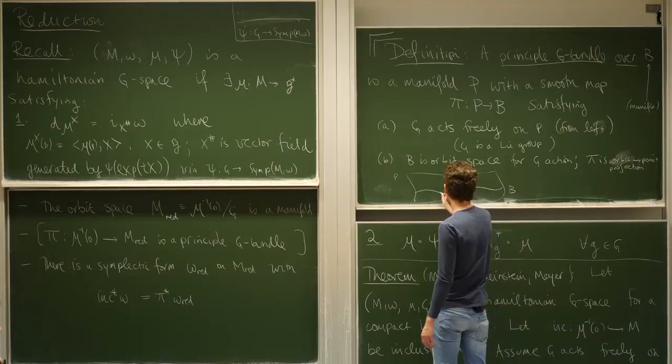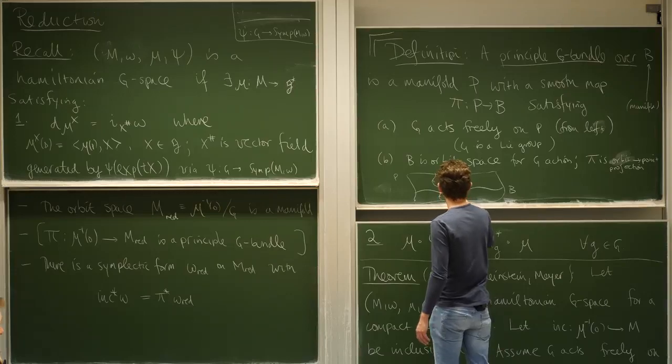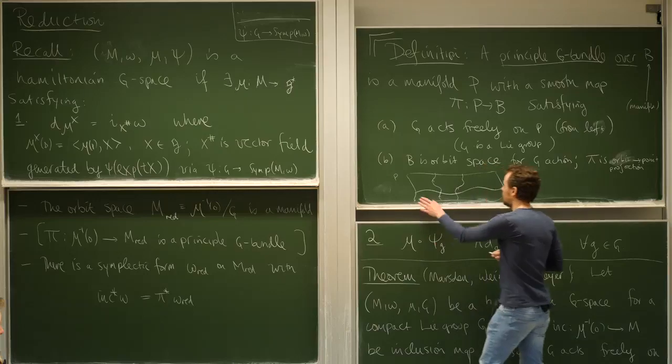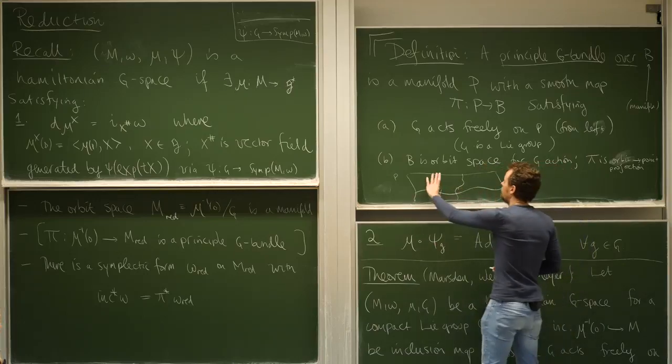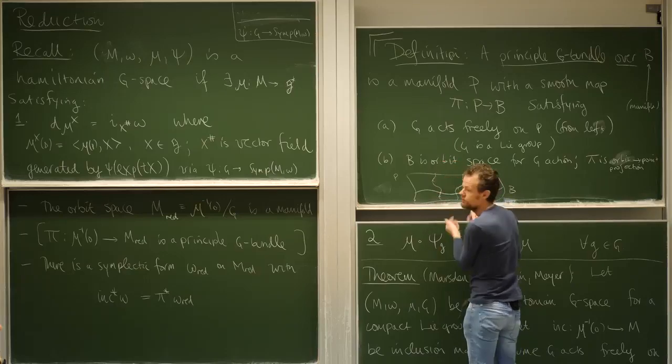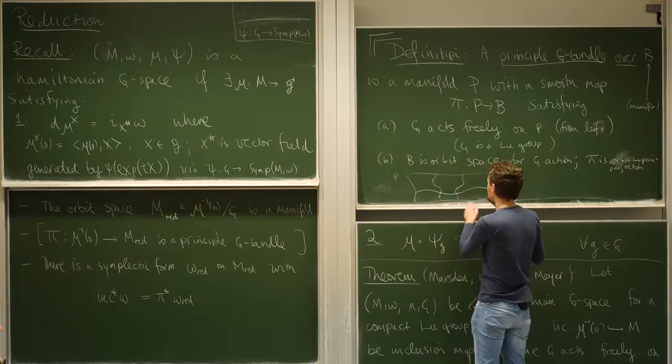G can act on any point in B. There's G acting on it, for example. And this manifold B is what you get when you collapse each orbit down to its representative point under the action of G.